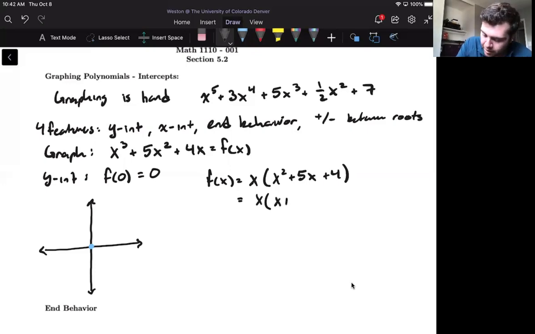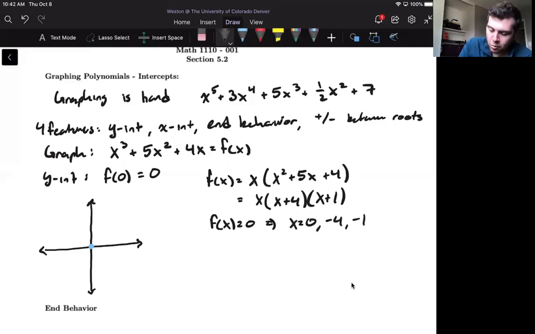And hopefully you came up with x plus 4, x plus 1. So then when we're looking for f of x equals 0, we get that x equals 0, -4, or -1. So then we just put those intercepts on.